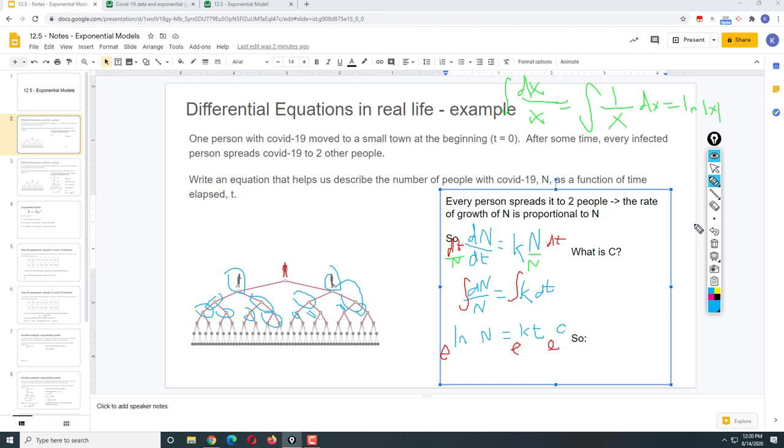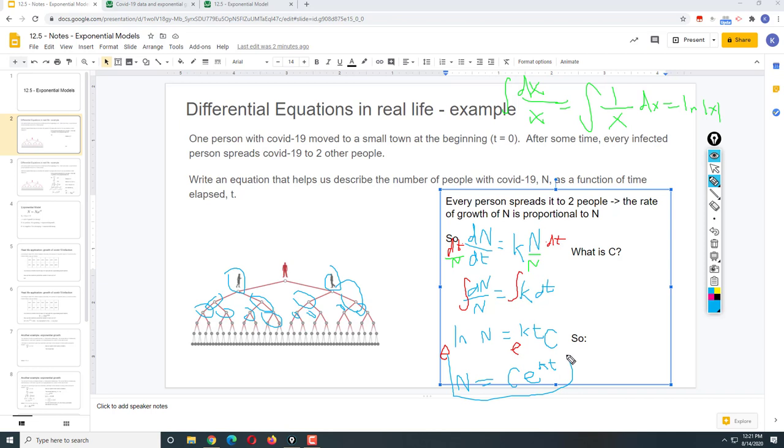But e to the c is just another constant, any number, so I'm going to call that c. E to the ln of n is just n, so we end up with n equals c e to the kt.